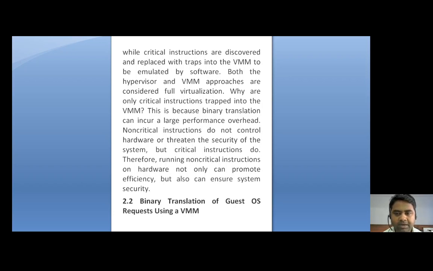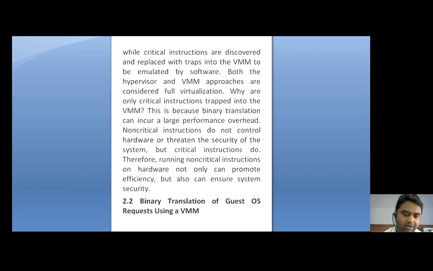This is because binary translation can incur a large performance overhead. Non-critical instructions do not control hardware or threaten the security of the system, but the critical instructions do. Therefore, running non-critical instructions on hardware not only can promote efficiency but also can ensure system security.